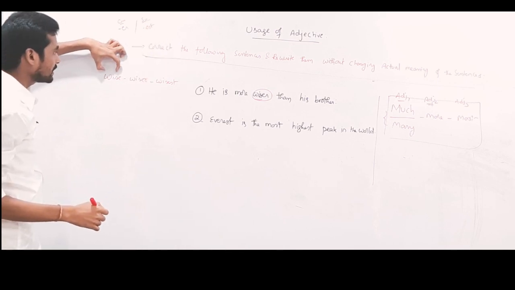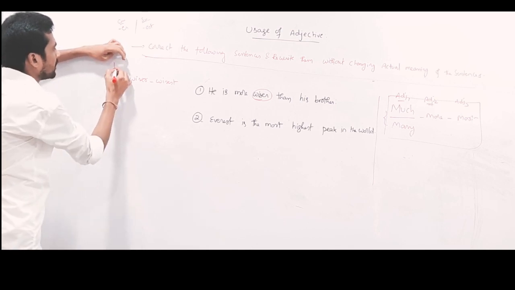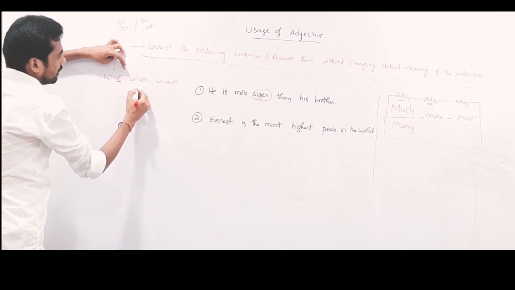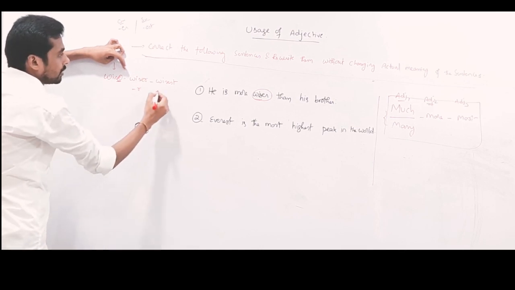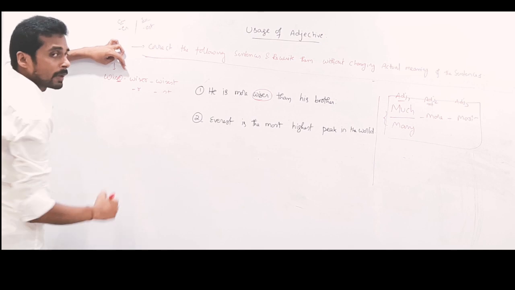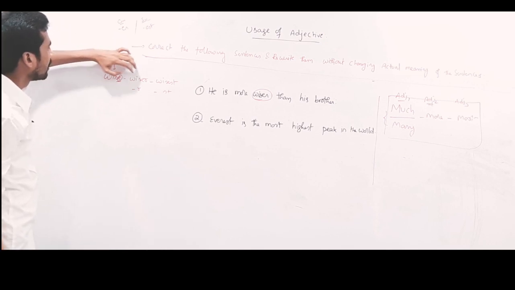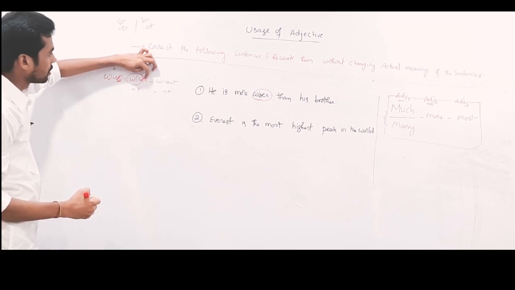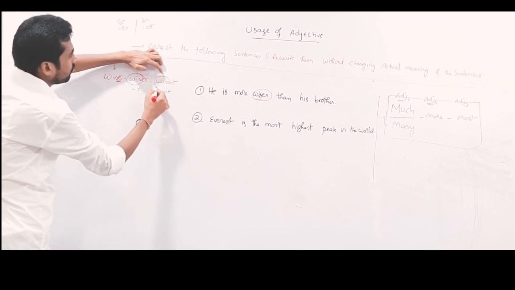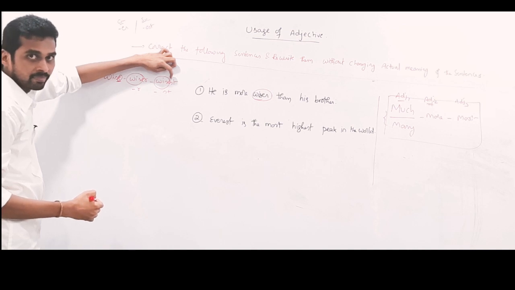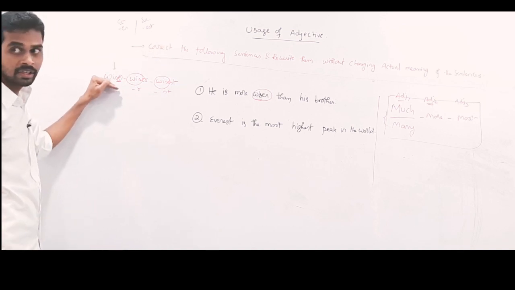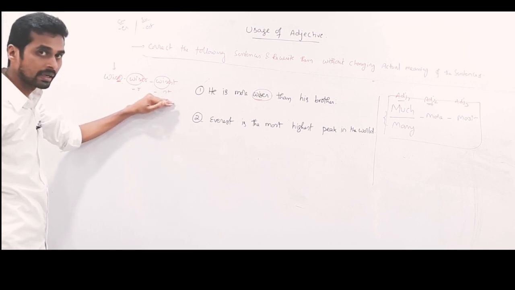But if the adjective ends with E in the positive degree, then it ends with R in the comparative degree and ST in the superlative degree. See here, wise. In the comparative degree, we are simply adding R, and in the superlative, simply ST. So wise, wiser, wisest.